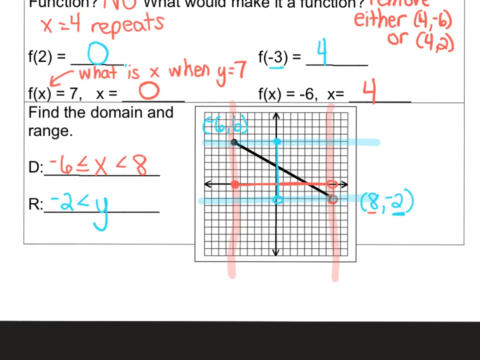And y is less than or equal to, because of that closed circle there, this larger y value, 6. So that means that y has to be greater than -2, but it can be anything up to and including 6. So y falls somewhere within that range. It is very, very important that you remember to use x for domain and y for range. Okay. And that's it for today.